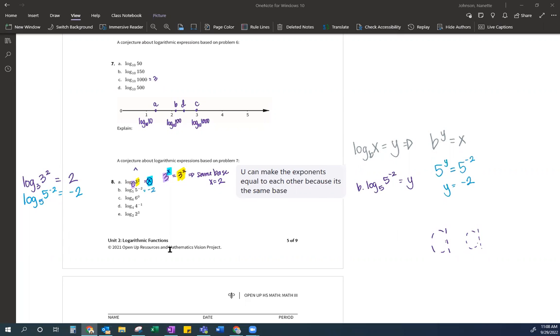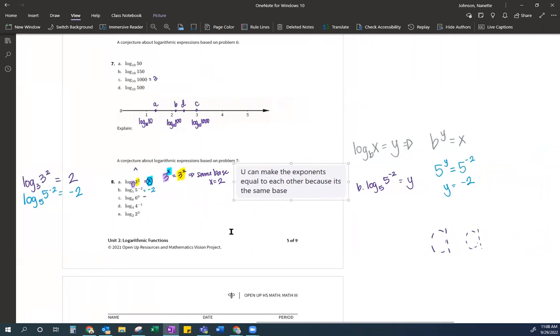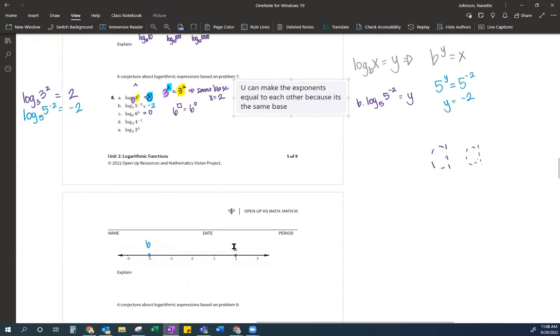So 6 to the what gives me 6 to the 0. Oh, that's why. Sorry, it's loading very slowly. Okay, so yeah, that makes sense. And what about D? What did you guys get for D? So C is 0.